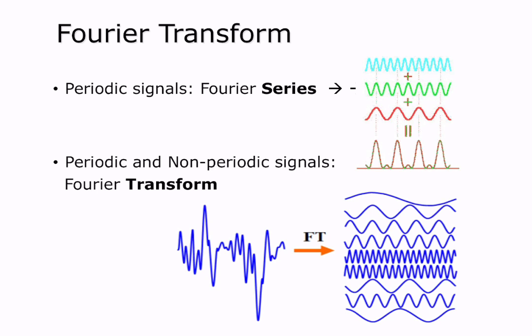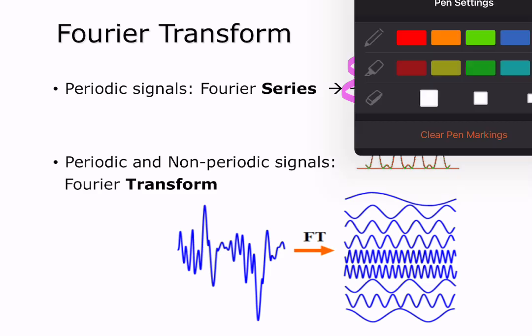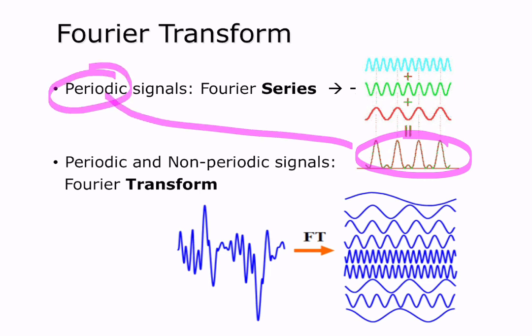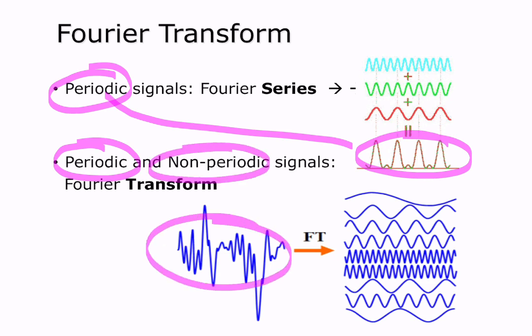So for the Fourier series, what we had was a fundamental and then multiples of the fundamental. So these are what we call the harmonics. We added the harmonics together and we ended up with this signal. But this was periodic. If our signal isn't periodic, or isn't necessarily periodic, like this signal here, we also add sine waves together, but these aren't necessarily multiples of the fundamental.